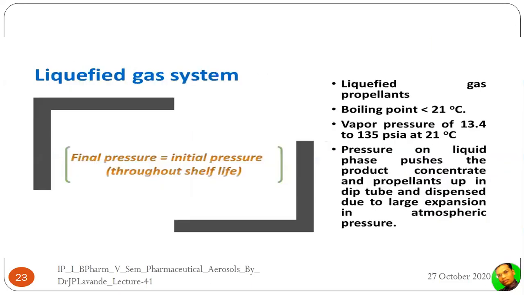In the liquefied gas system, the liquefied gas used as a propellant has a boiling point less than 21 degrees Celsius and a vapor pressure of 13.4 to 135 psia at 21 degrees Celsius. Pressure on the liquid phase pushes the product concentrate and the propellant up the dip tube and dispenses it due to large expansion in atmospheric pressure.